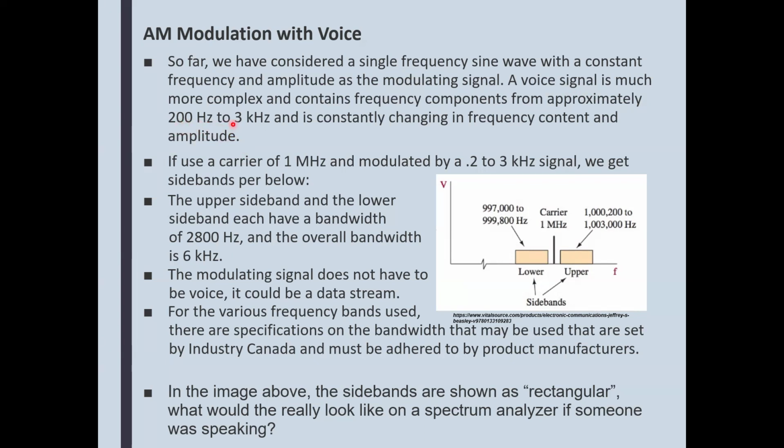So what do we have here on the left and on the right side of the carrier? Well, if there is a 3 kilohertz at some point in time, it could be just a glimpse, just a momentary presence of 3 kilohertz, then we're going to have that spike and that spike. And if there's 200 hertz present, we're going to have that spike and that spike.